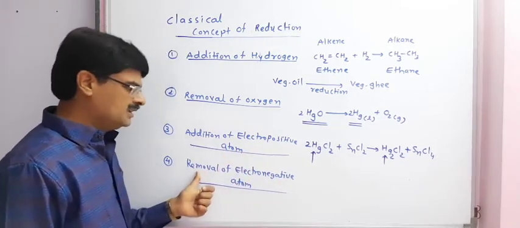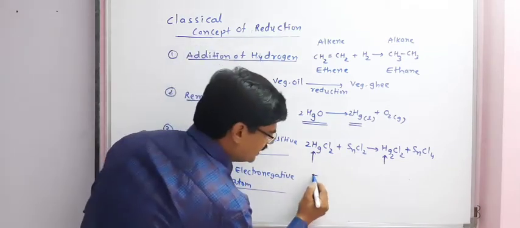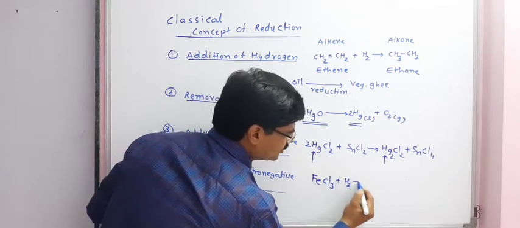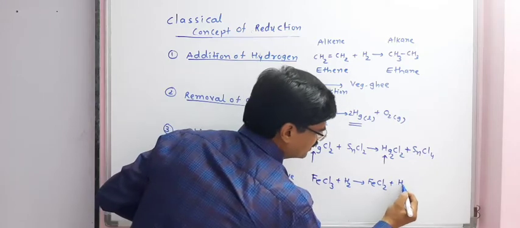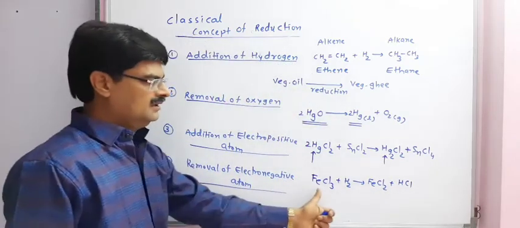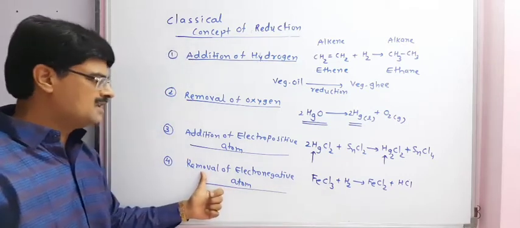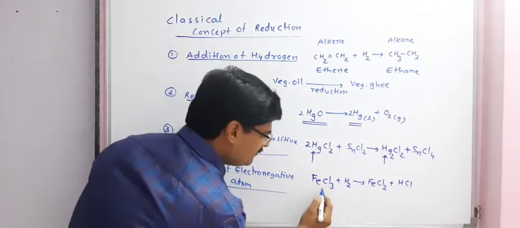And next one, removal of electronegative atom. FeCl3 plus H2 will give FeCl2 plus HCl. We will not go into balancing the reaction, we just want to understand removal of electronegative atom.